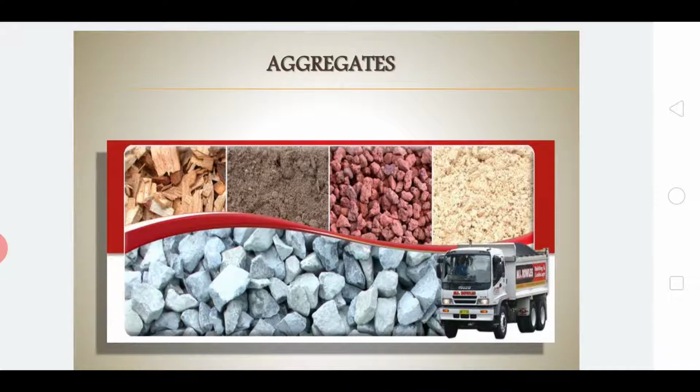You know, in geology I have studied rock classification, as it may be igneous, sedimentary, or metamorphic rocks. These igneous rocks are nothing but those formed by cooling or solidification or crystallization of molten rock at different depths of earth crust.